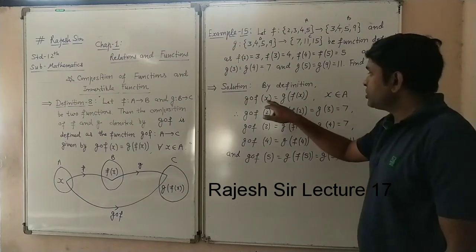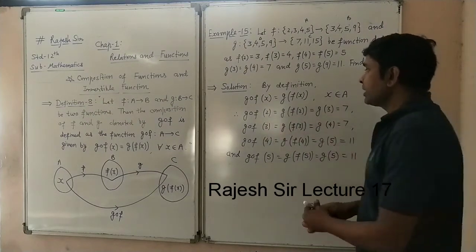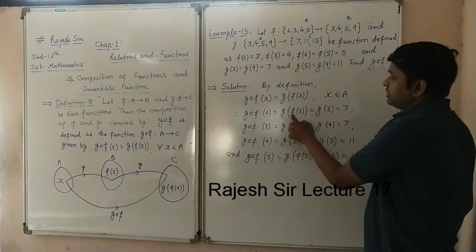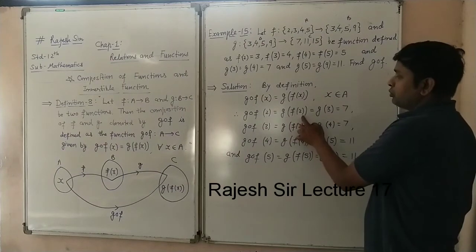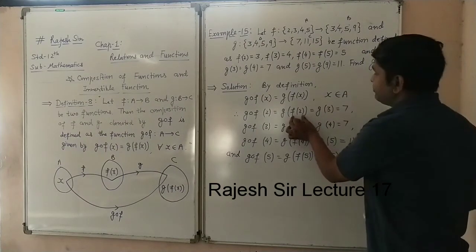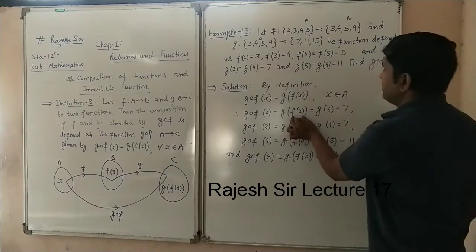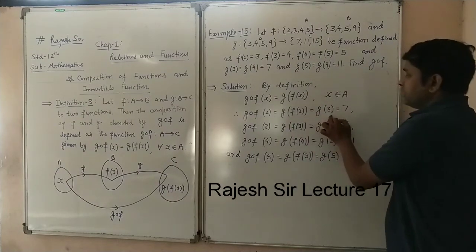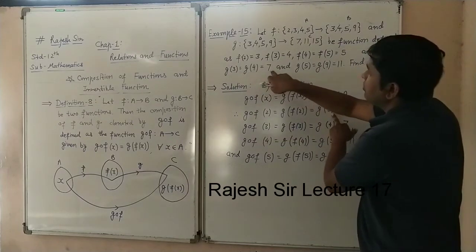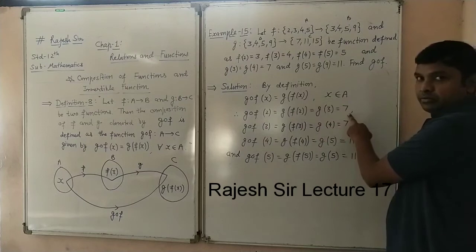First, in place of x, if we put 2, by definition gof(2) can be written as g(f(2)). The f(2) value is given in the question: f(2) is 3. So in place of f(2), 3. Now g(3) is also given in the question, g(3) equals 7. So this 7 comes.